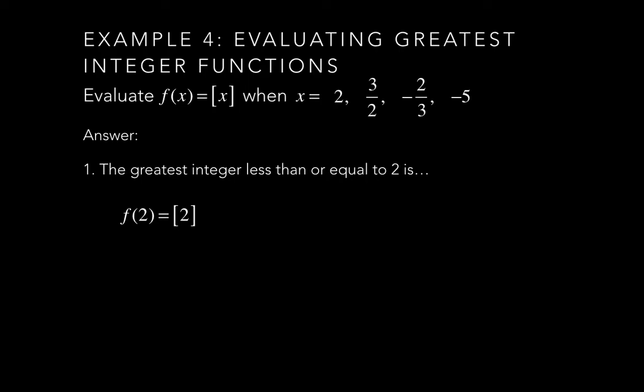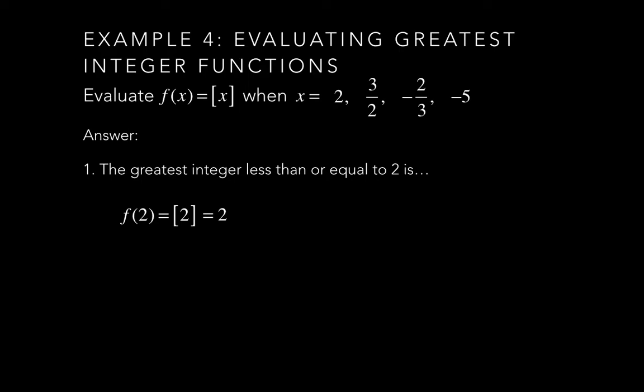Is 2 an integer? Yes, it is. So the result would just be 2, because the greatest integer less than or equal to 2 is 2. If it's equal to, that trumps less than.